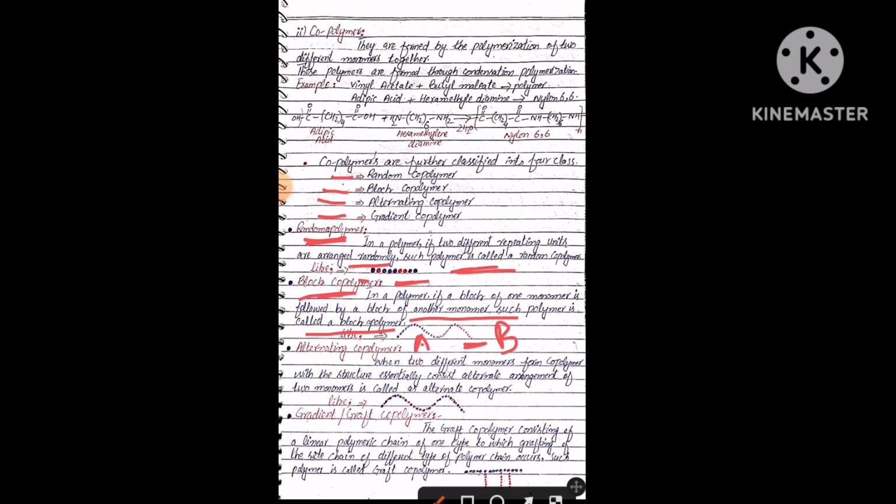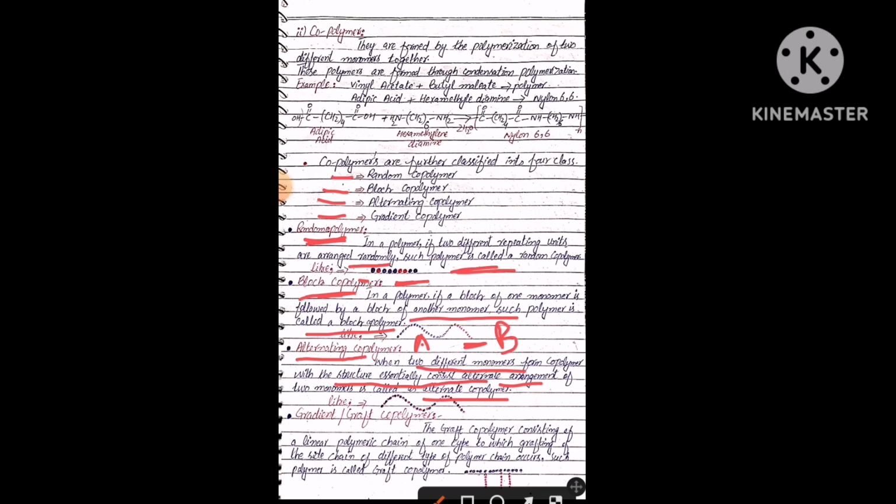The third class is the alternating copolymer. Alternate one by one. When two different monomers form a copolymer whose structure essentially consists of an alternate arrangement of the two monomers, it is called an alternating copolymer. Students, there is a sequence you can see clearly.